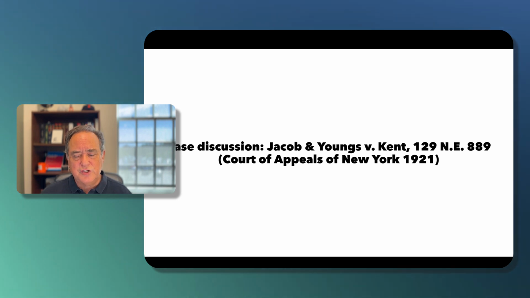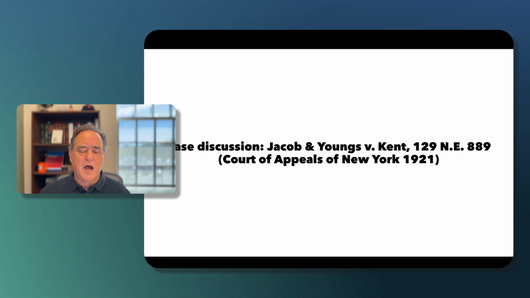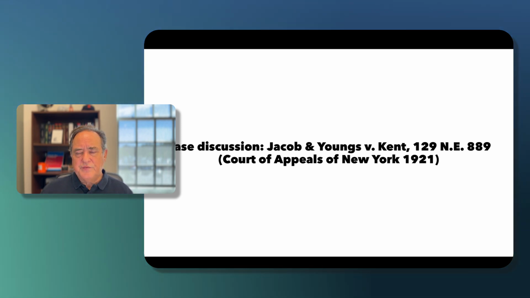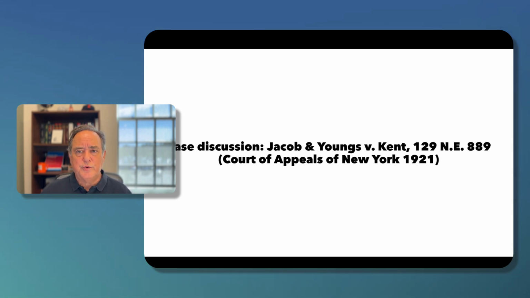It's a case called Jacob and Youngs versus Kent. In this case, Mr. Kent wanted to build a house and contracted with the contracting company of Jacob and Youngs. Now, the plans for the house called for the use of what was called Reading pipe. Reading was a manufacturer of wrought iron pipe.